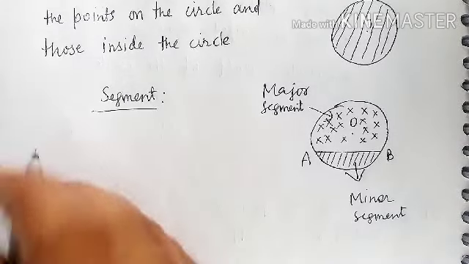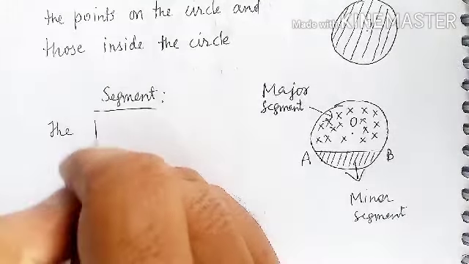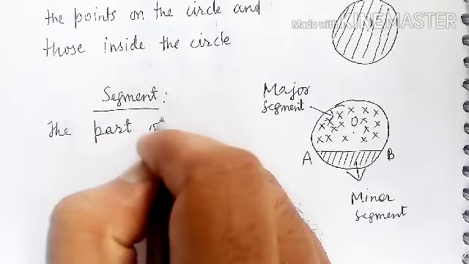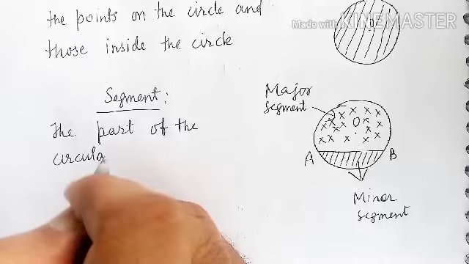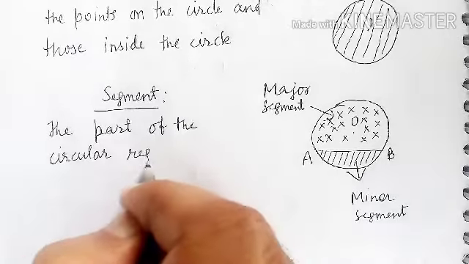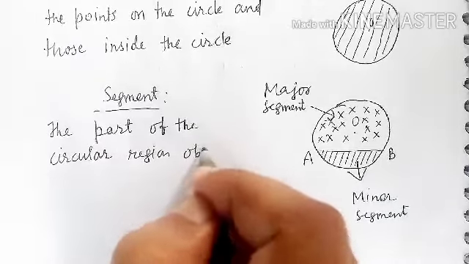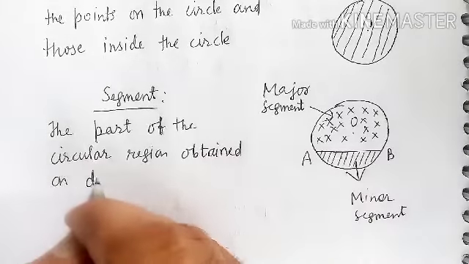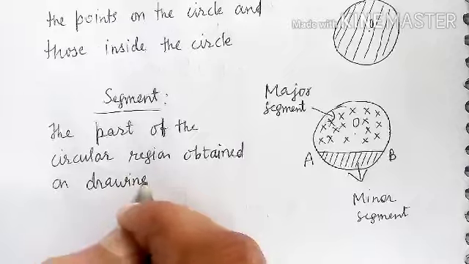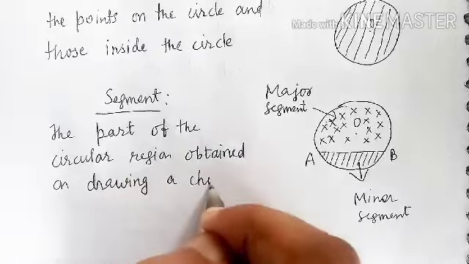So segment is the part of the circular region obtained on drawing a chord.